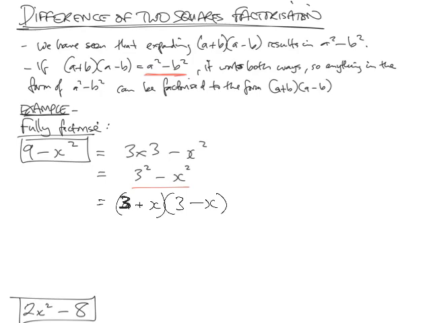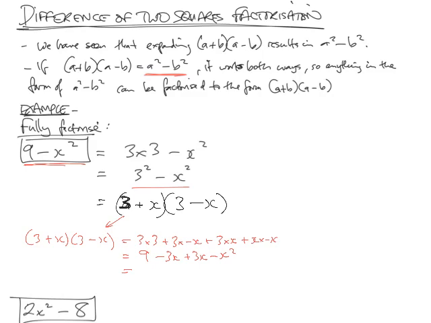And if you're not sure, or if you want to just double check with me, let's see if expanding that out again gives the original answer. 3 plus x, 3 take x. If you fold that out, it would be 3 times by 3 plus 3 times by negative x plus 3 times by x plus x times by negative x: 9, negative 3x, plus 3x, negative x squared.